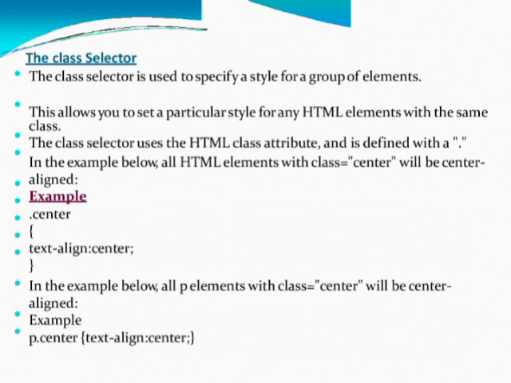This allows you to set a particular style for any HTML elements with the same class. The class selector uses the HTML class attribute and is defined with a dot symbol. In this example, the selector is p.center. Here .center is the class selector. This will apply the property text-align, and the value of the property is center.